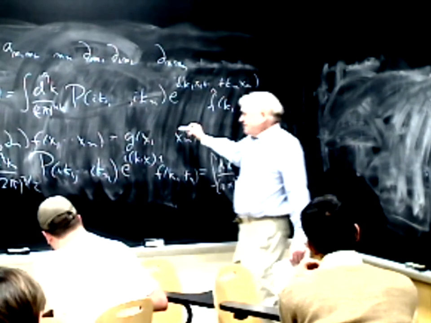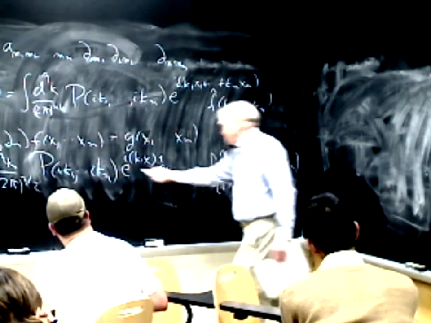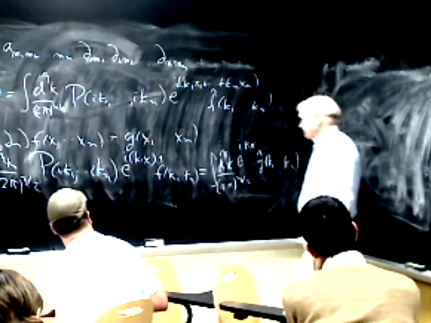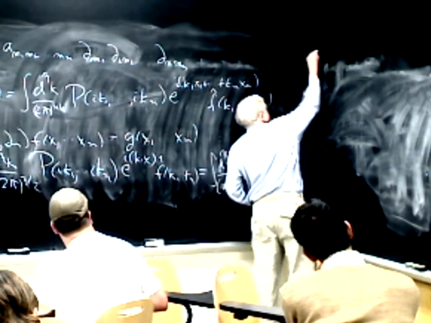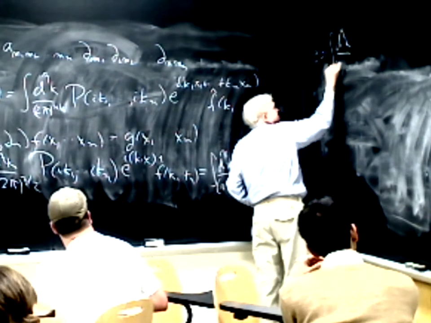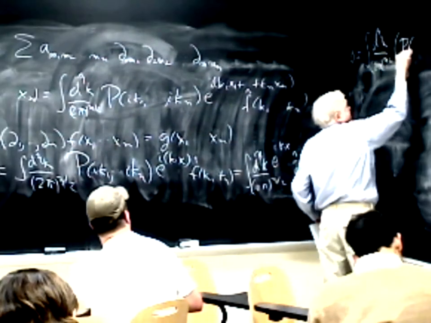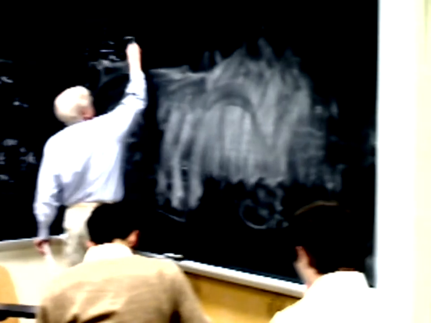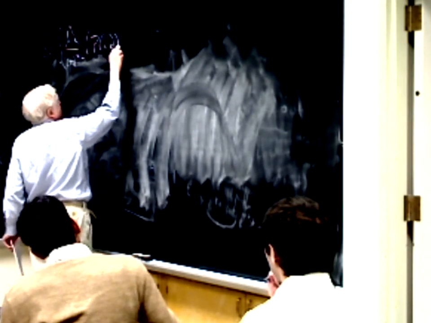So the differential equation looks like this, but in Fourier transform language, it looks like this. But that is just the statement that 0 is the integral d^n k over (2 pi) to the n over 2 of P. Let me write this symbolically as P of i delta.